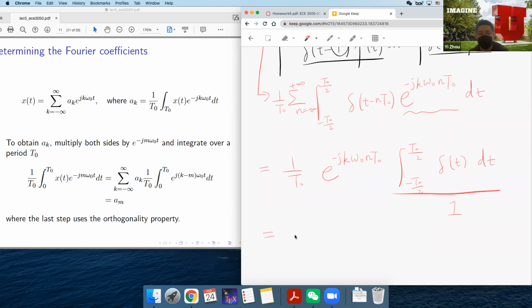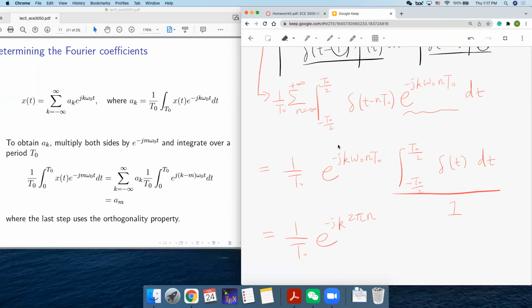Okay, so in the end, we have this very simple formula: 1/T e^(-j...k). Now, what is omega naught? Omega naught is 2 pi over capital T naught. So we cancel that. It's 2 pi n. Oh, sorry, this n is 0. I forgot.